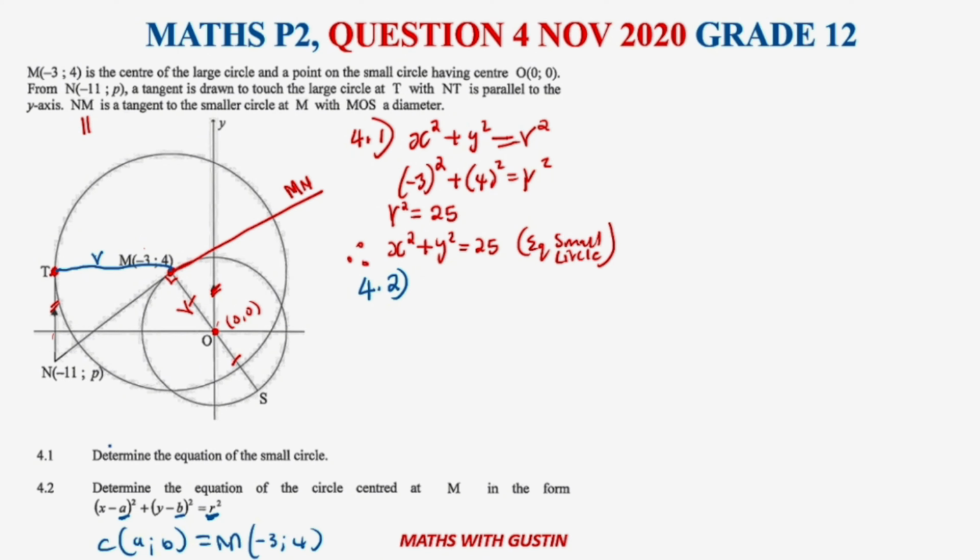So now if you have a look at this, the coordinates at t, I think this is a very interesting question. Look at n, it is directly sitting there, sharing the x value. N and t, they're sharing the x value. So therefore you can come here and say, okay, I can see that we already have minus 11 here.